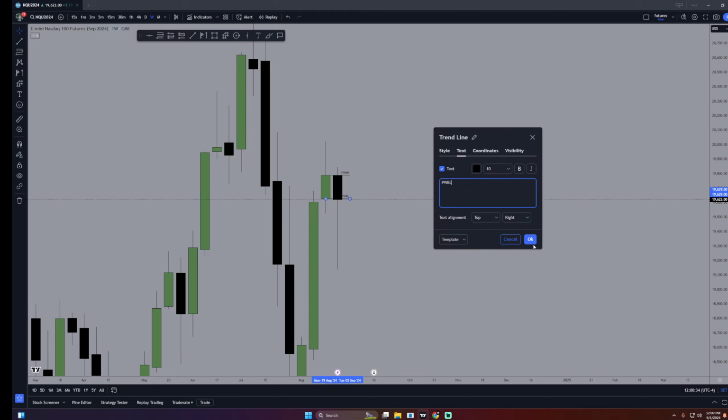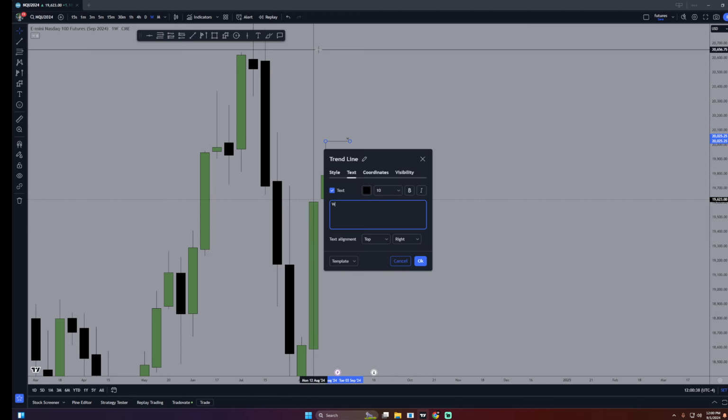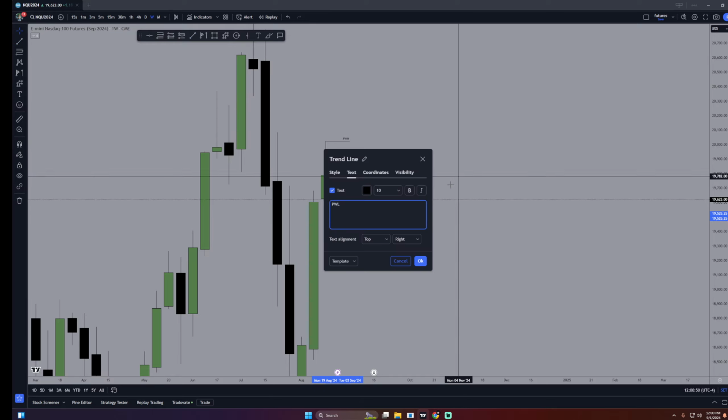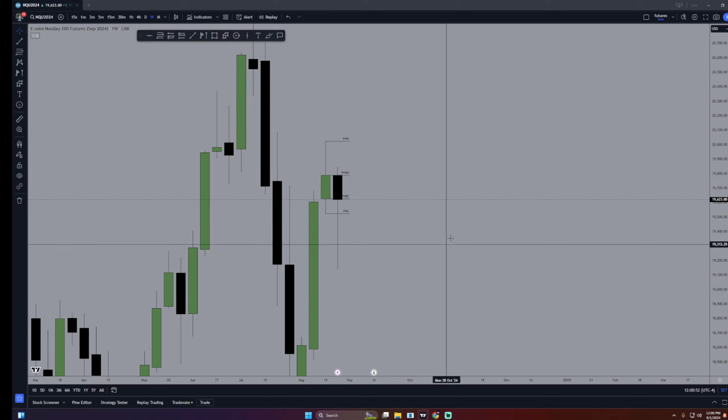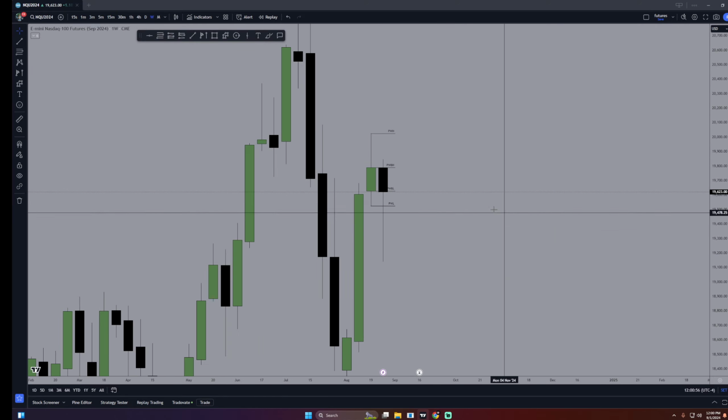Previous week body low. Previous week high. And we see previous week low. Okay. Hold up, let me go back on weekly. Make this to present week.